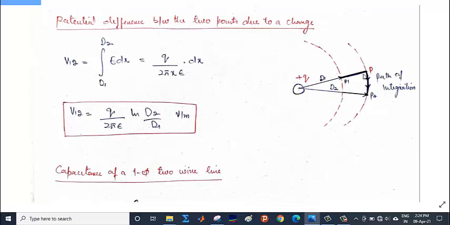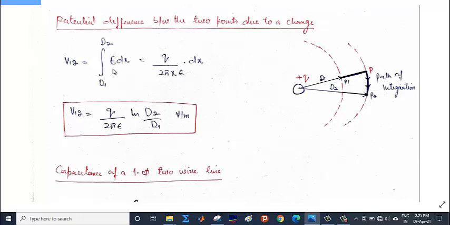When you go this way, it is very easy, because dx will be the change in displacement from this point to this point, and the electric field is in the same direction, so their dot product will be equal to 1. That means E dot dx will be equal to E dx cos theta, which is 1. And going from this point to this one, there will be no potential change, or no work done, in going from P to P2.